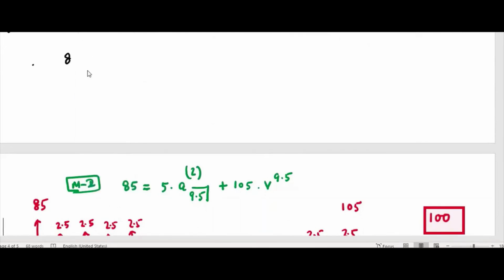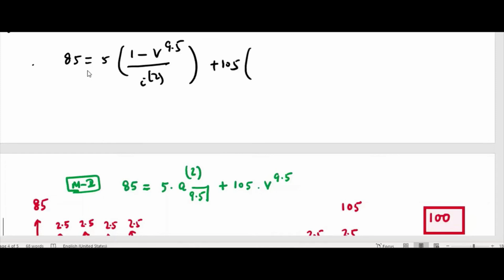Here 85, and here v power 9.5. Here also you should write 1 minus.